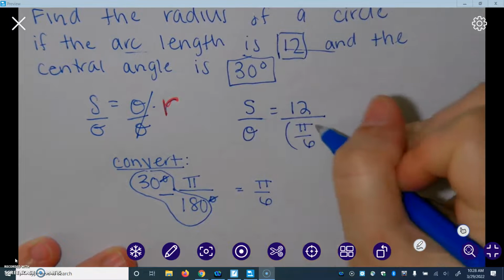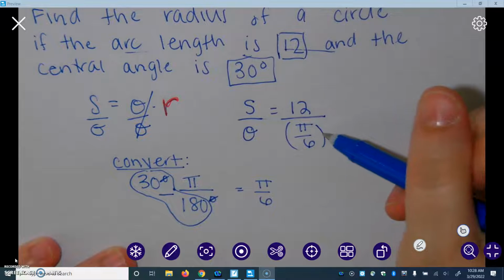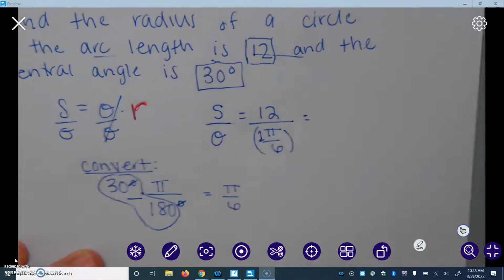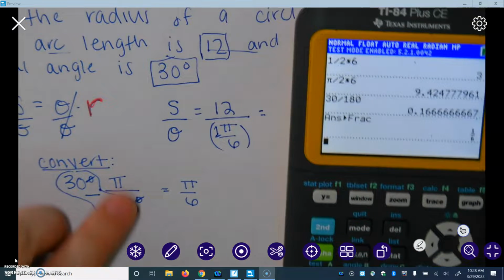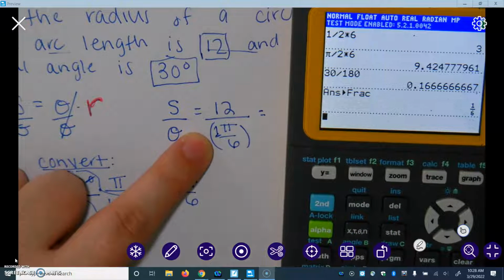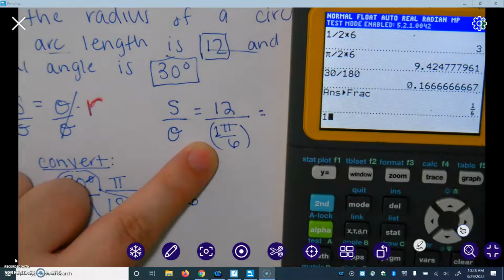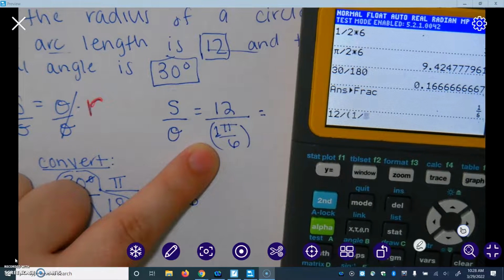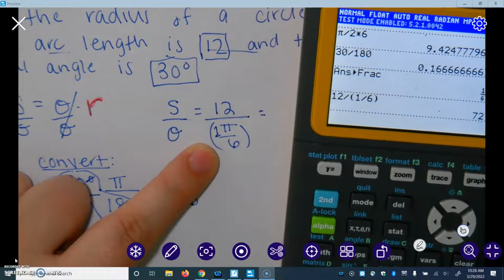So to solve for the radius, I'm going to do 12 divided by pi over 6. I'm going to show you the two ways to put it in the calculator. It doesn't matter which one you choose to do. The first one I'm going to do 12 divided by 1/6.